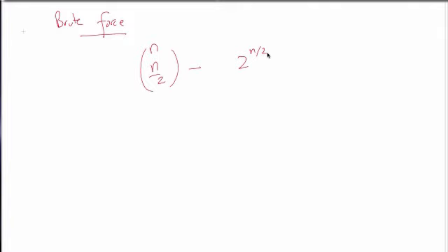Because essentially you can look at the assignment as a binary number, and a 1 is whether you assign the precinct to District 1 or District 2. And so the number of assignments that you have to look at is going to be 2 to the n over 2. You have to look at all binary vectors in which there are n over 2 ones.